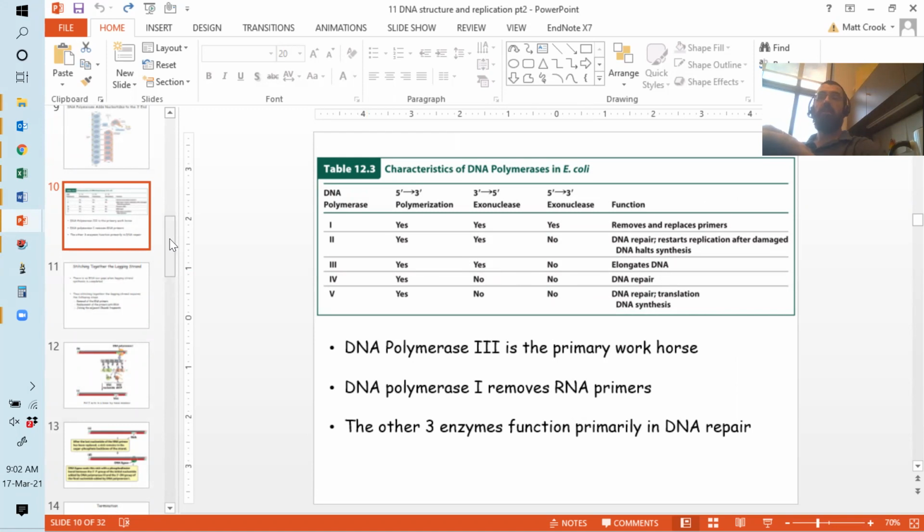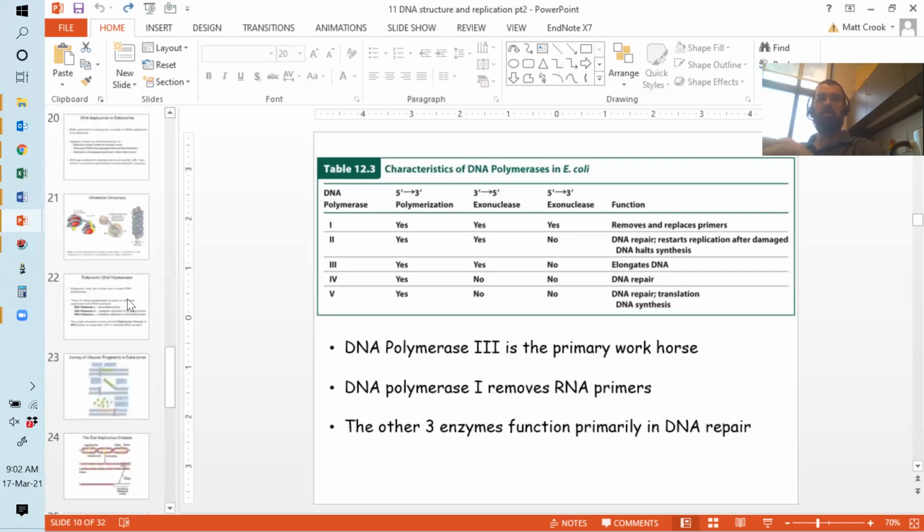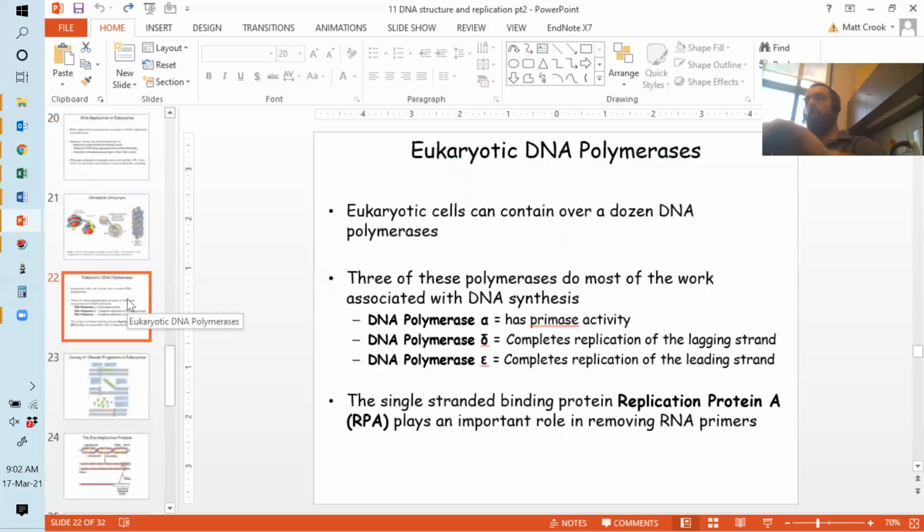So in eukaryotes, it's different, right? Basically, in eukaryotes, we have one DNA polymerase that starts the process, both making the primer and synthesizing a small stretch of DNA, not very long. I actually don't know exactly how long, but it's pretty short.